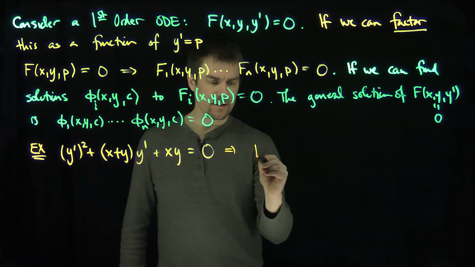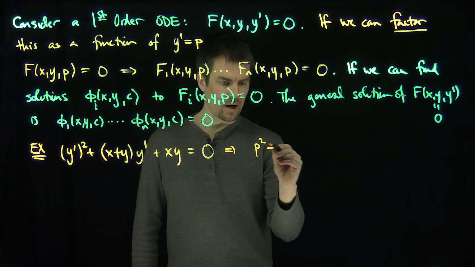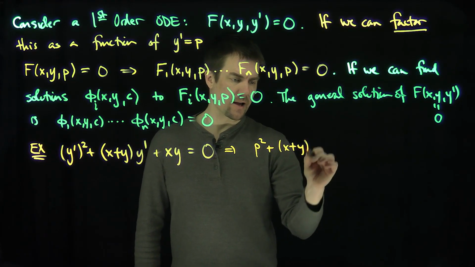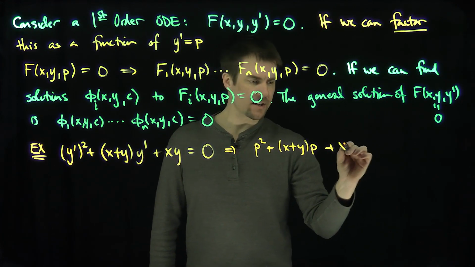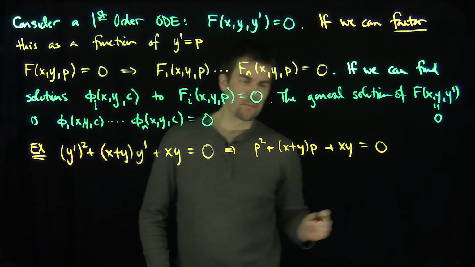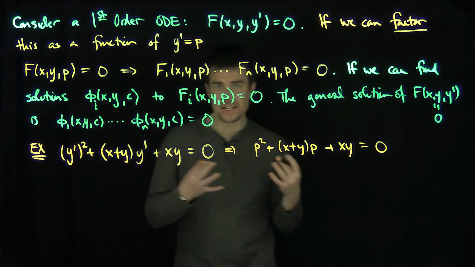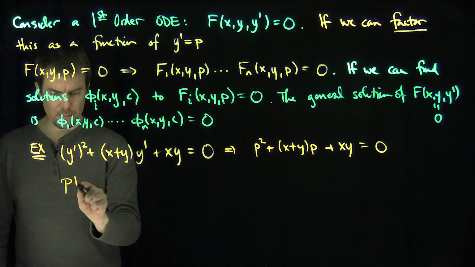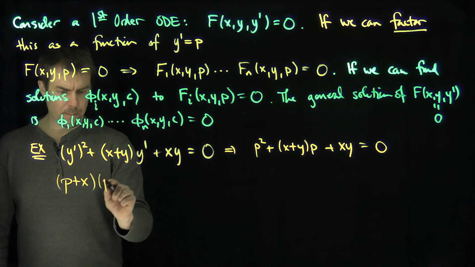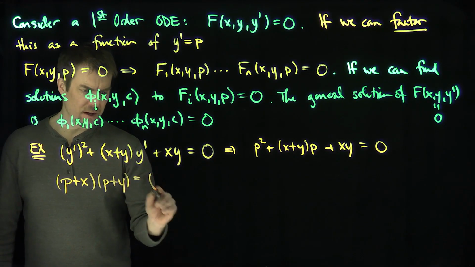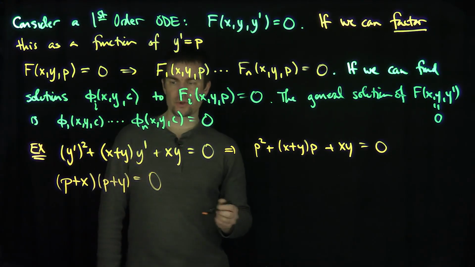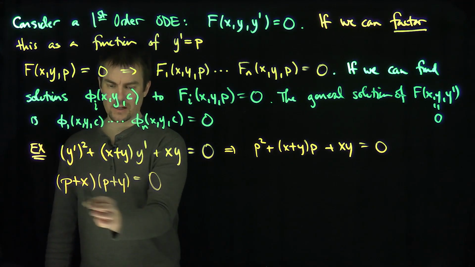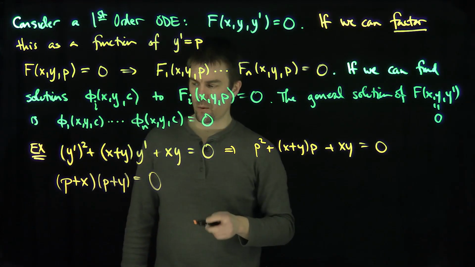So we're going to write this as p squared plus x plus y times p plus x times y is equal to 0. In this particular example, I've made it very easy to factor. So I can factor this as p plus x, and then p plus y is equal to 0. We can just double check that. I get a p squared, I get a px, I get a py, I get an x times y, I get every term I want over here.